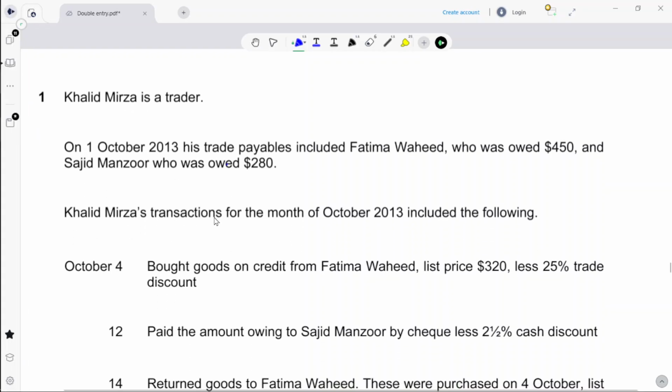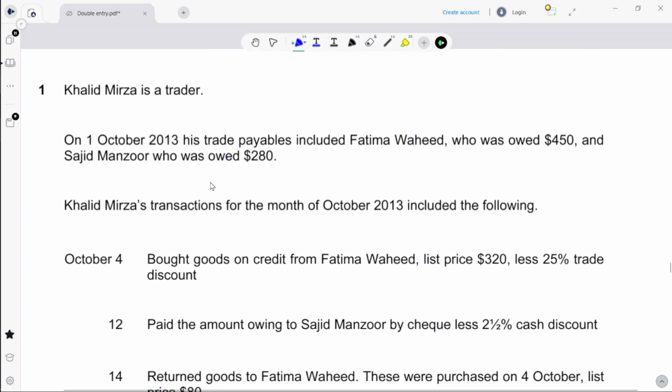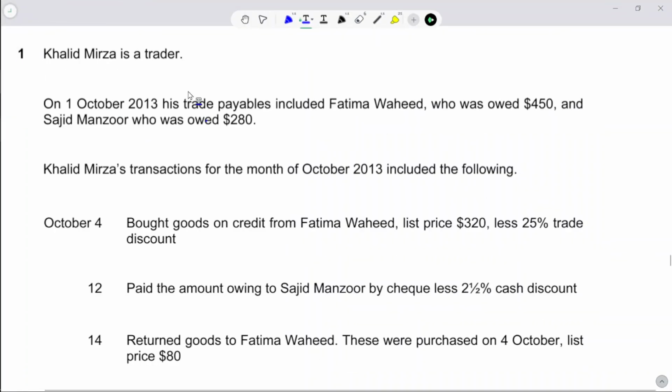Now let's go to next question at page 8. So now we are doing the trade payables. Trade payable is actually liability.